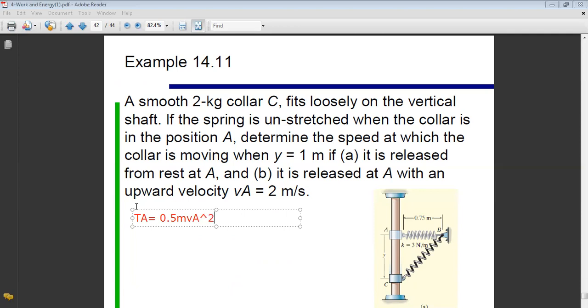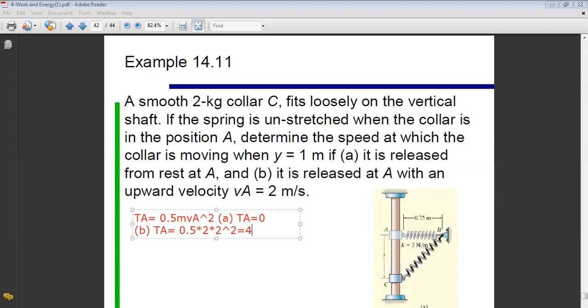Okay, so in part A, TA will be equal to 0, while for part B, TA will be equal to 0.5 times 2, which is the mass of the collar, times the velocity, which is 2 squared. So it will give you 4.